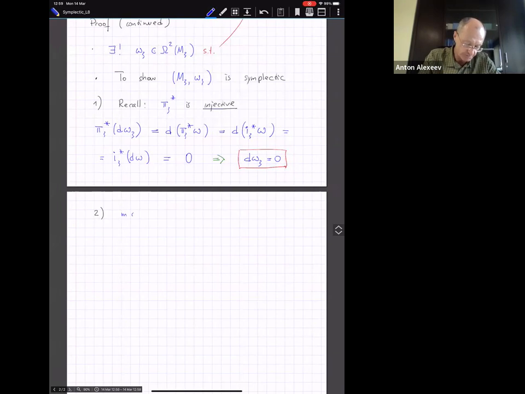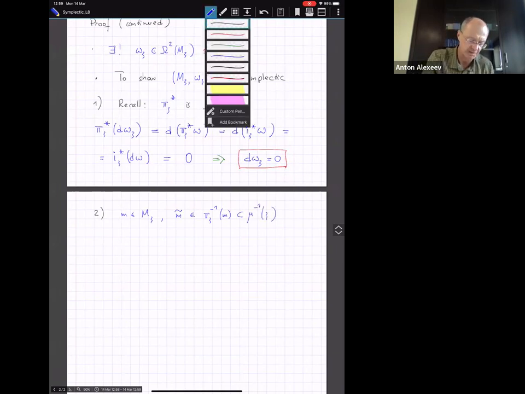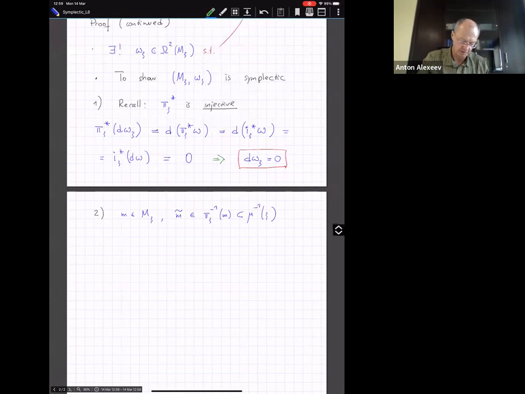So I choose a point of the reduced space, and I choose another point on the fiber of xi, which lives in the preimage of m, inside the fiber. Maybe let me try to make a drawing.